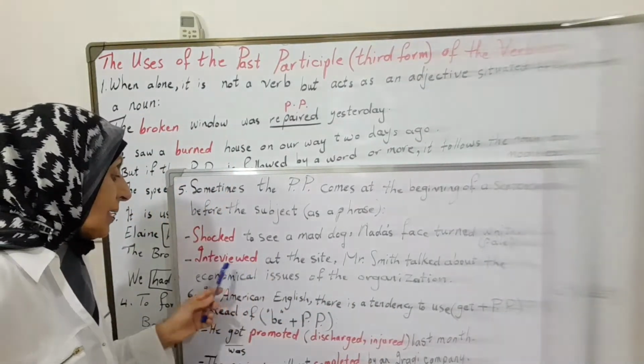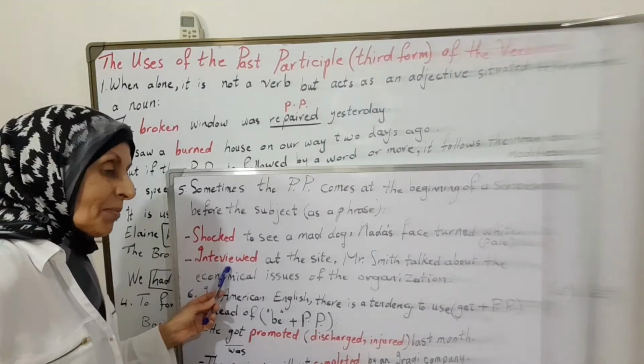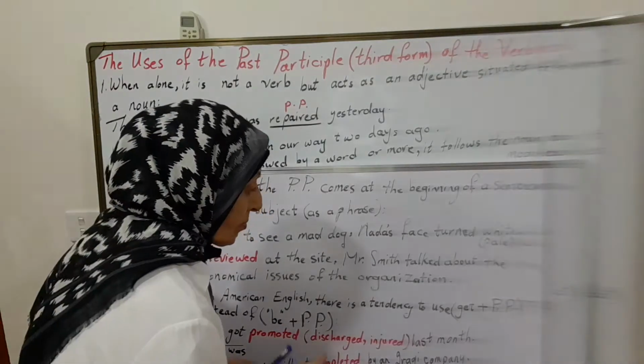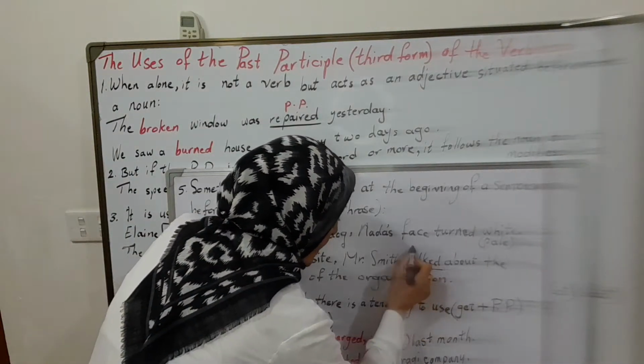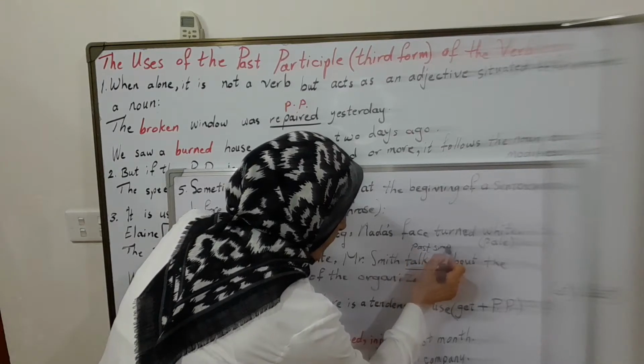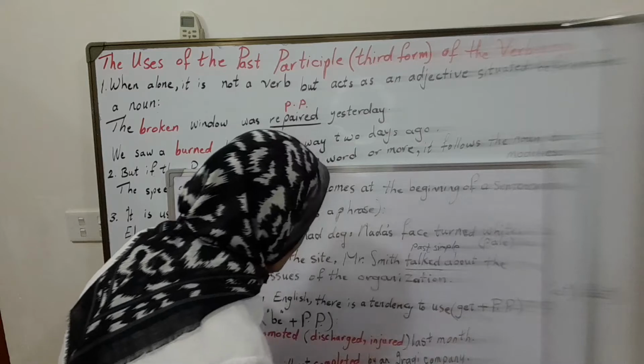Interviewed at the site. عندما تمت مقابلته, he talked about, so this is just simple past tense. Alright, he talked about.